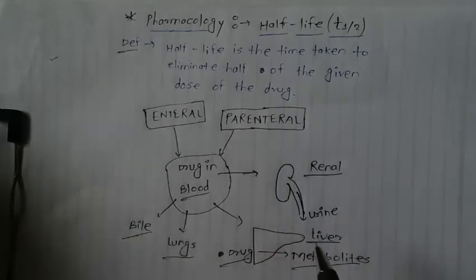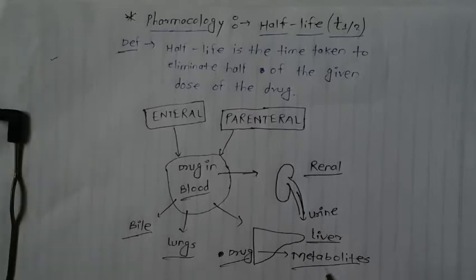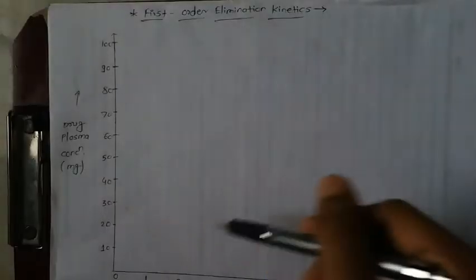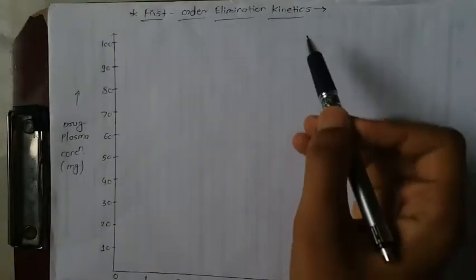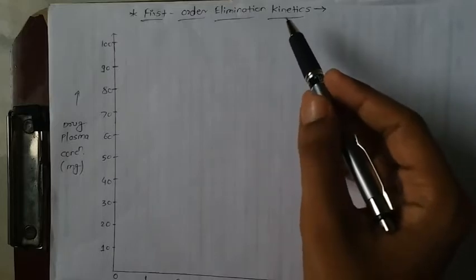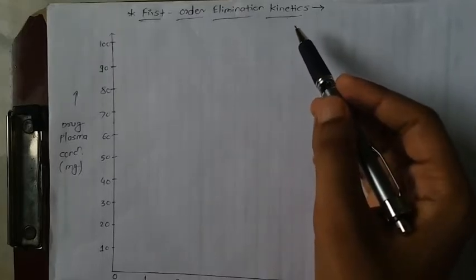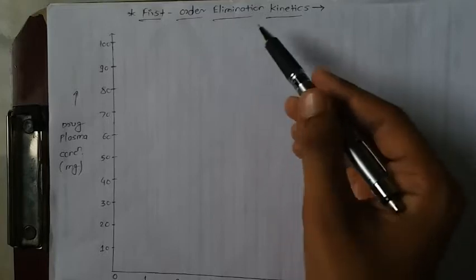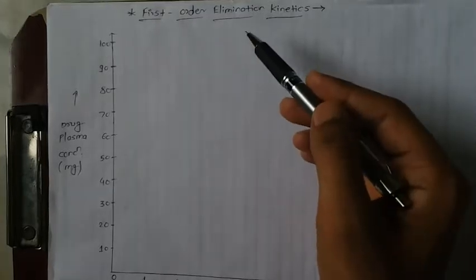Next we will learn about half-life, that is the graph of how the drug is eliminated. Here we have first order elimination kinetics, that is, drug elimination from the body is directly proportional to the concentration of the drug present in the body.